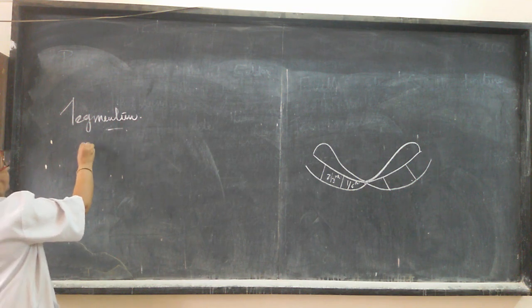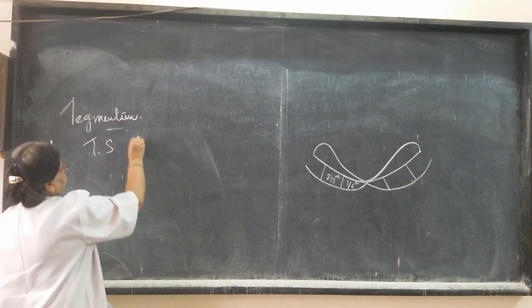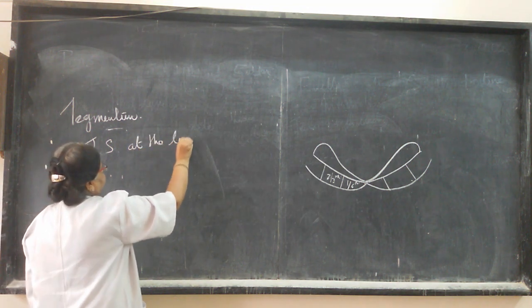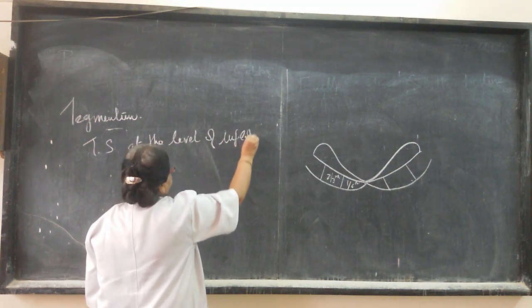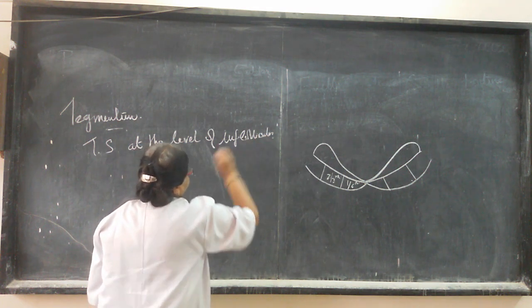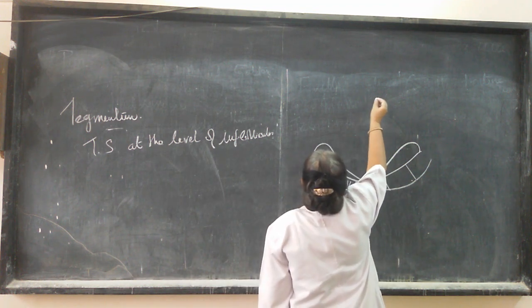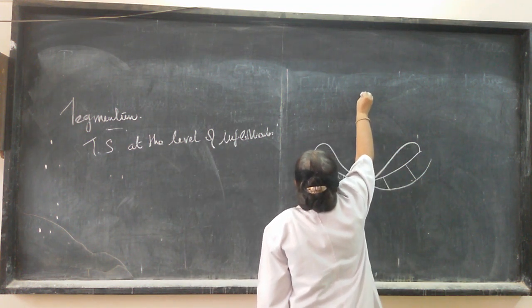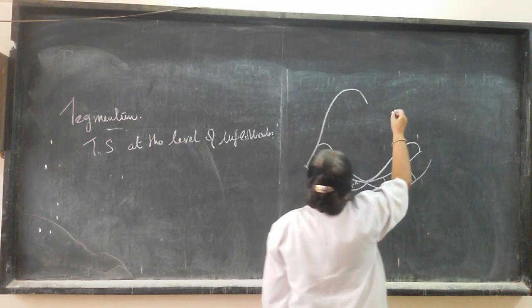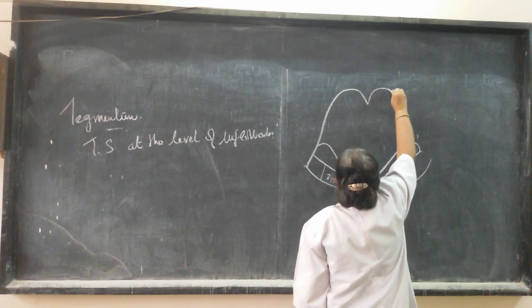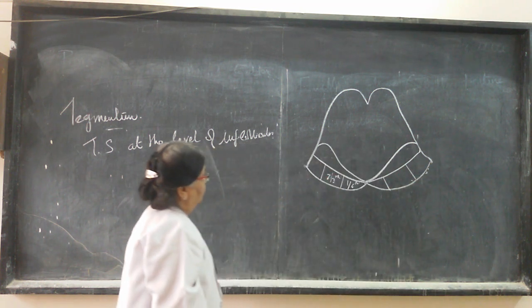The first is a transverse section at the level of inferior colliculus. This is a section.